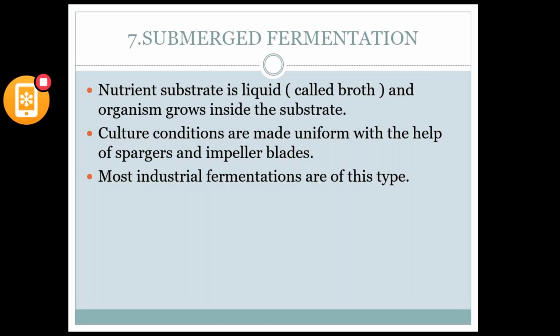And this submerged type of fermentation is also called the static type of microorganisms used here. Static means movable. Microorganisms which are moved are generally known as static microorganisms, and this is the main reason why this submerged fermentation is used.